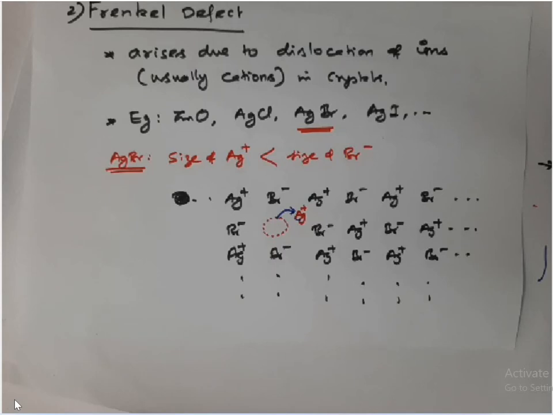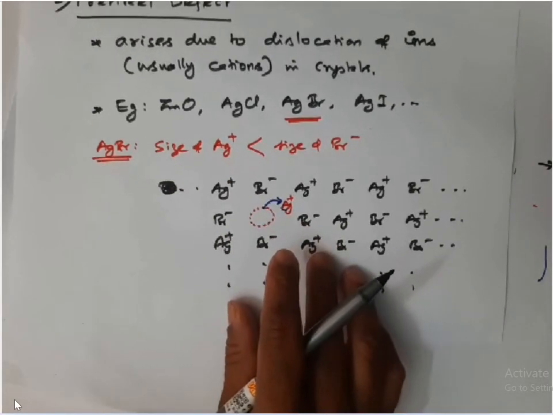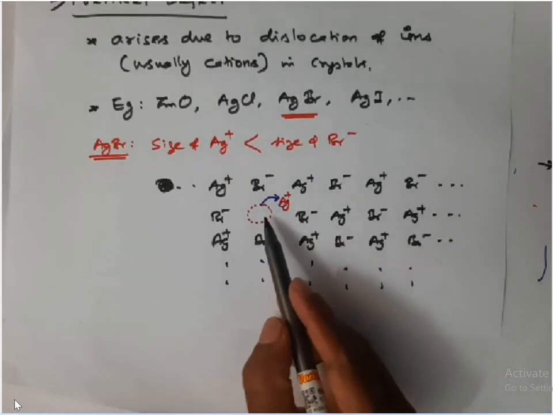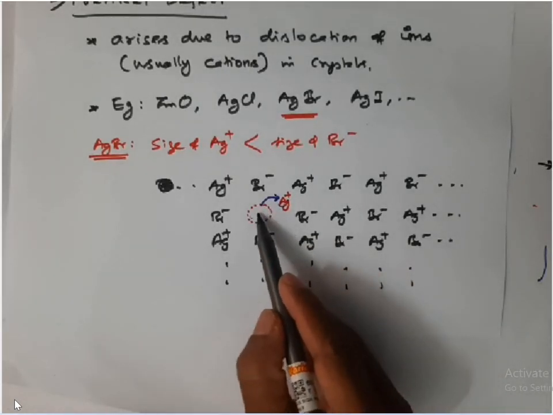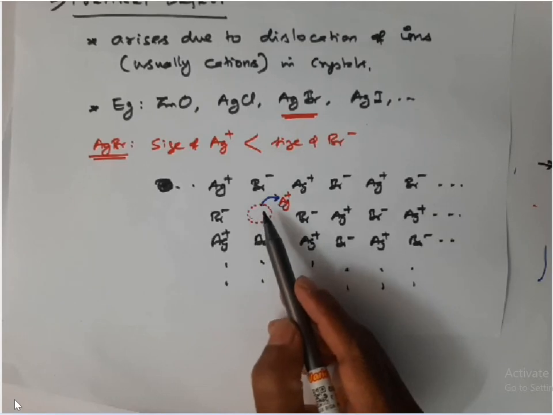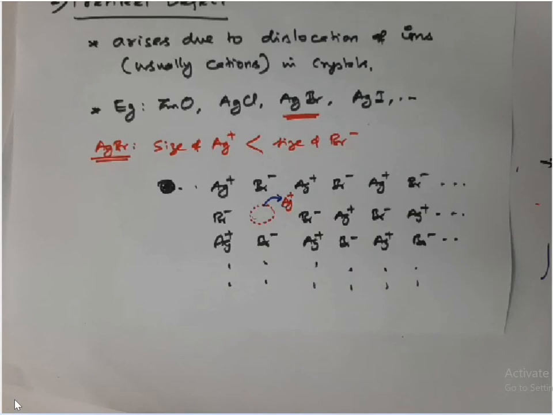No, listen, what I'm saying is, suppose this position also contains a silver ion, and some more silver ions are occupying interstitial positions. What will happen to the density?